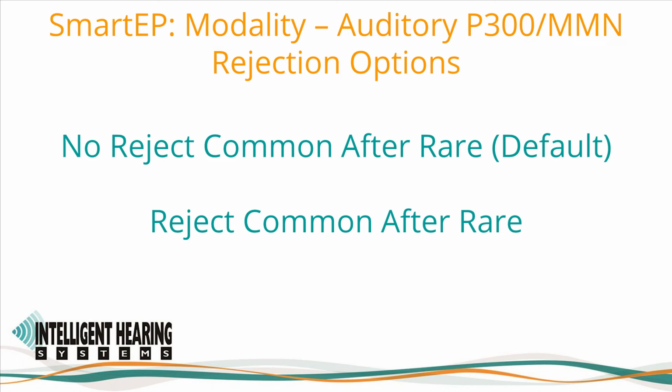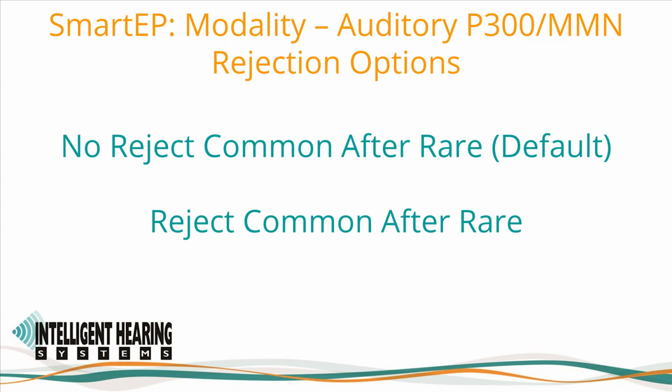Using the standard AEP module yields rejections based solely on the artifact rejection amplitude level selected in the amplifier settings window. In versions prior to 5.53, the P300MMN module automatically rejects the common stimulus after the oddball rare stimulus is presented, because some researchers consider the common to be different than the standard common EP, as it occurs after a different stimulus.